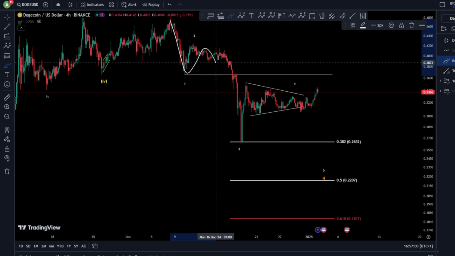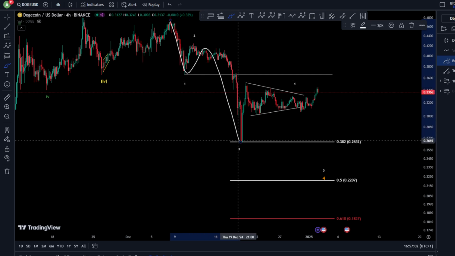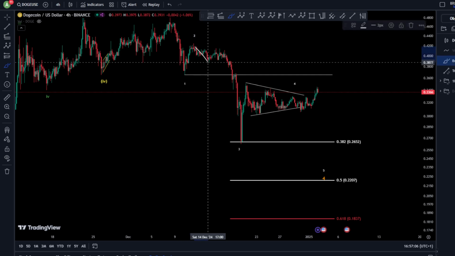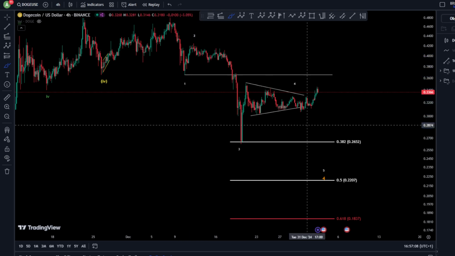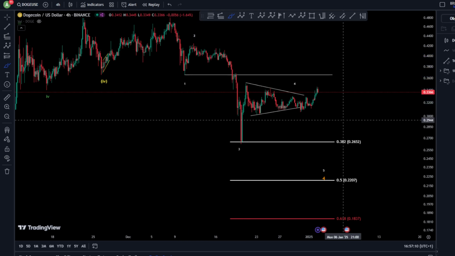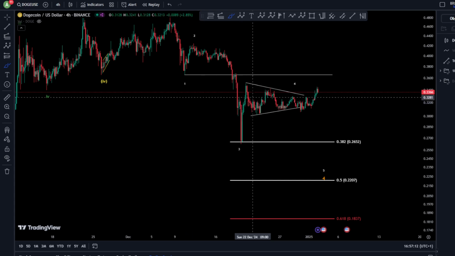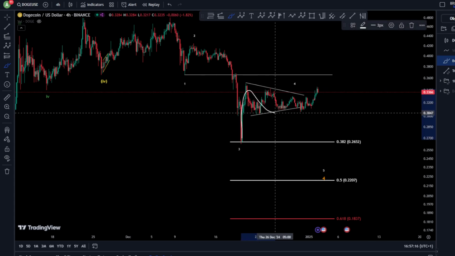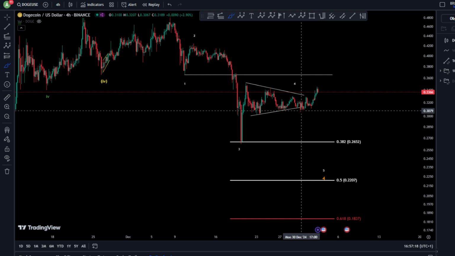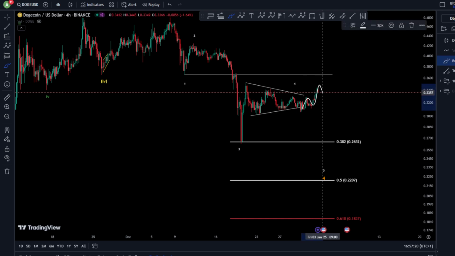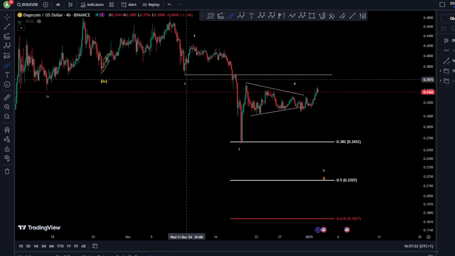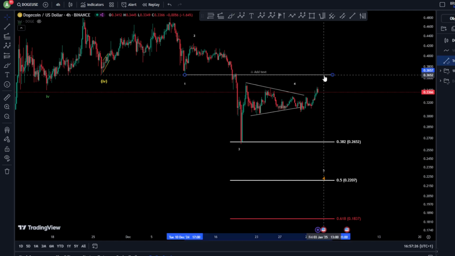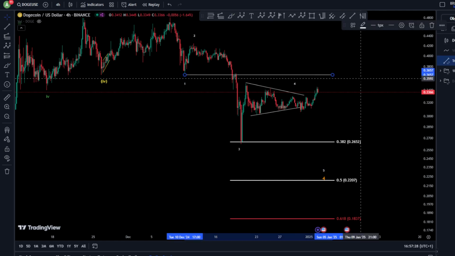Now it can be an ABC with a very extended wave C. However, we still have to be cautious, of course, because this has higher potential as a wave 3. So in case we are still in a wave 3 here, we might of course have an ABC here, and your wave C is a 1, 2, 3, 4, and a 5, but preferably that you don't take out this high here or this level where you invalidate, of course, your impulse.